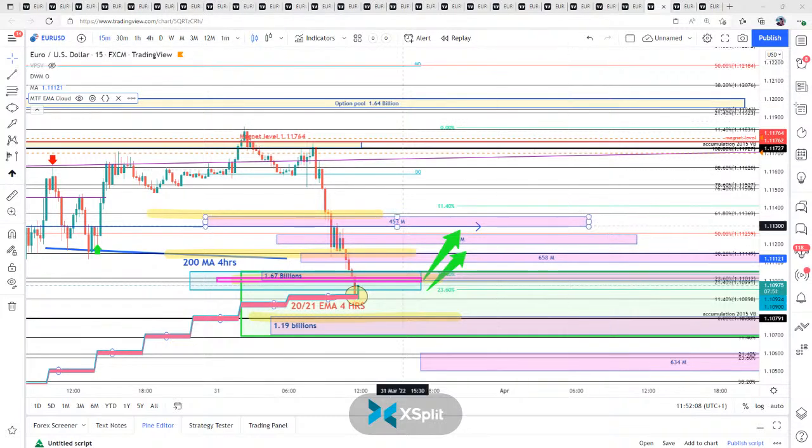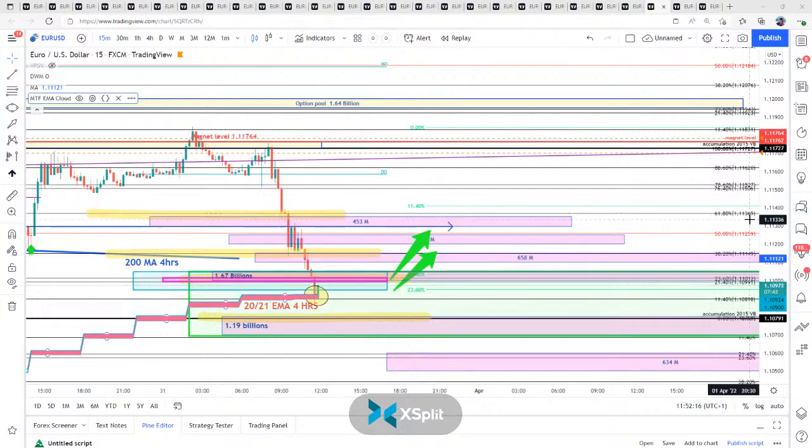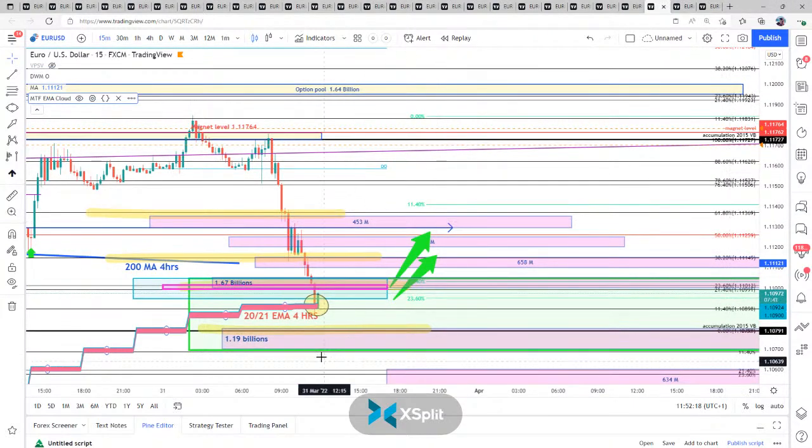Okay, so we start. You see, we said we will bounce from here, and we are bouncing from here. So I really want now to see something bigger than this. As I said, I want to see a big green candle going up there. How much time do we have left? 7 minutes. So we could post a nice green candle here. Yeah.